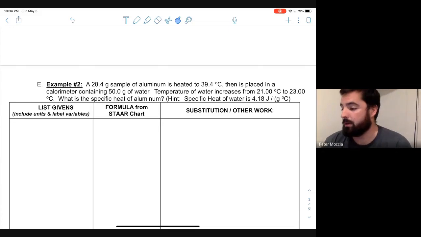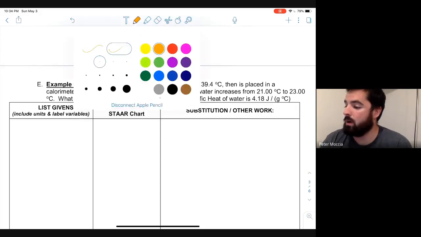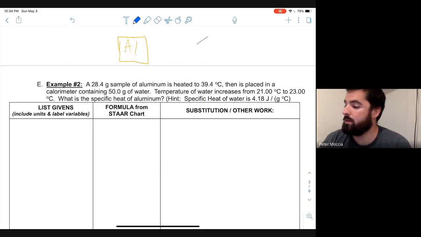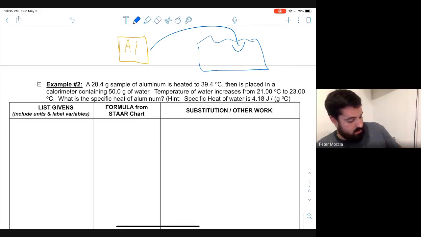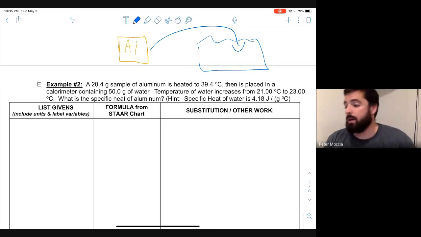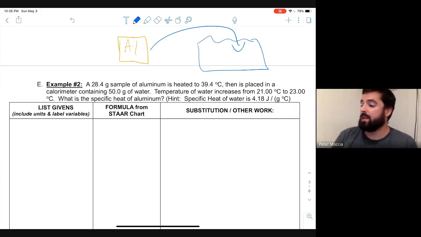So you might have some sort of metal, like aluminum in this case, and then you have your water, and you put the aluminum metal into the water, and that's going to heat up the water.